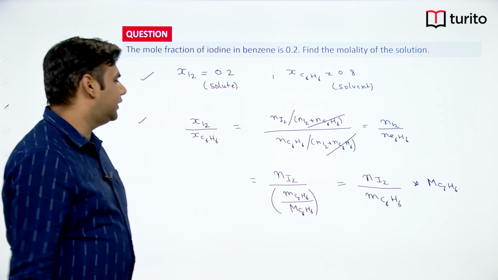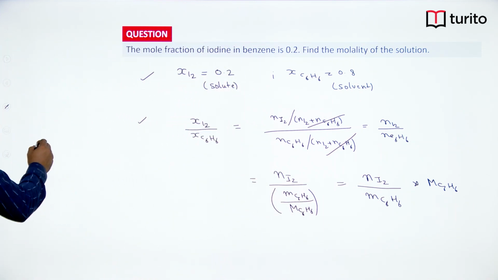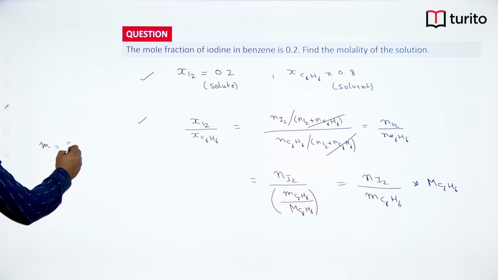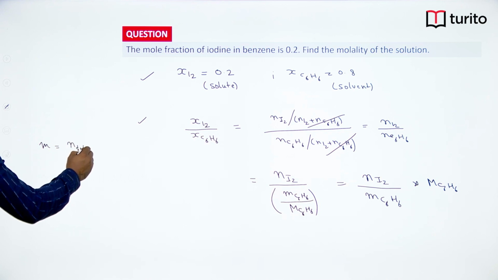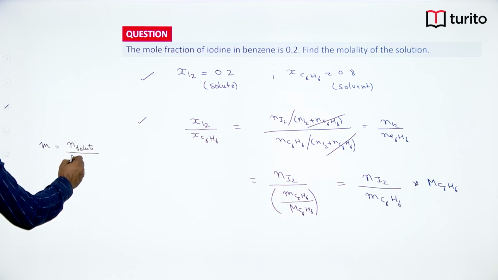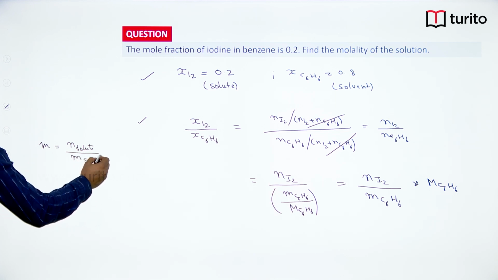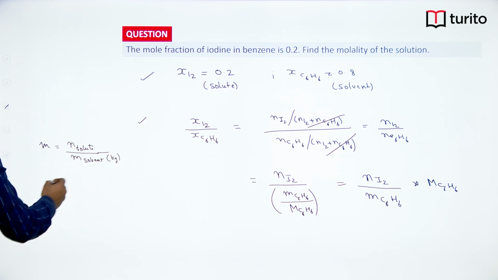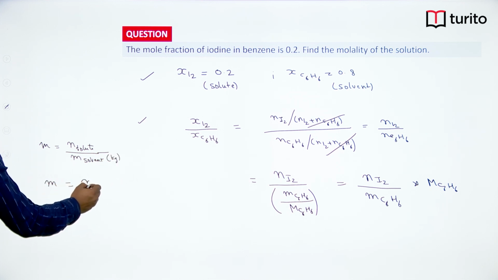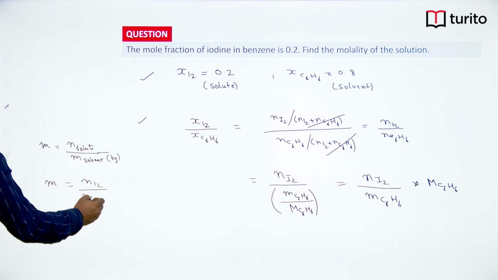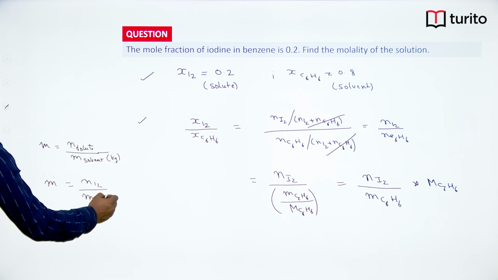Now just look at this expression. We know that molality is the number of moles of solute, which is iodine in this case, divided by the mass of solvent, which is benzene in this case, in kg. So molality is the number of moles of iodine upon mass of benzene in kg.